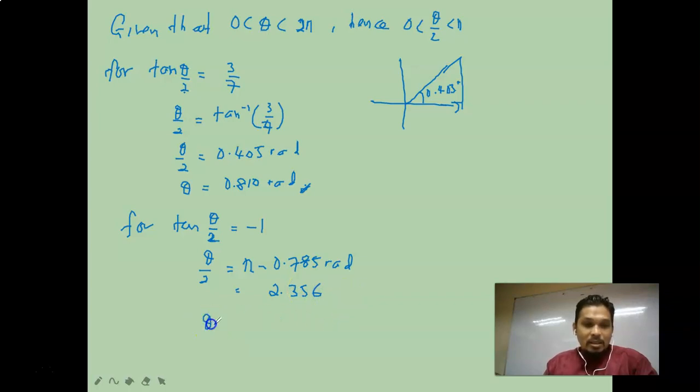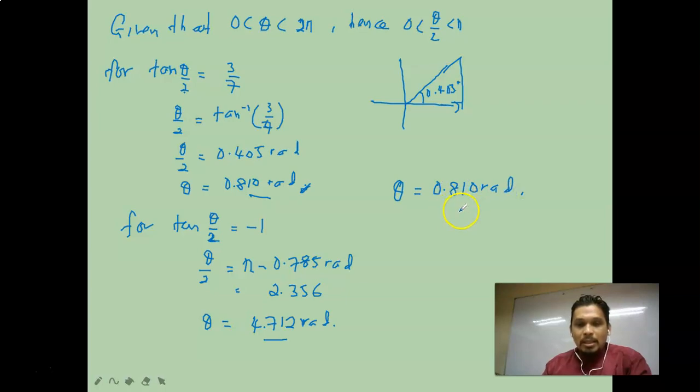So then theta equals 4.712 radian. So with these two answers, we put them together in one row, so the theta of this answer is 0.810 radian and 4.712 radian.